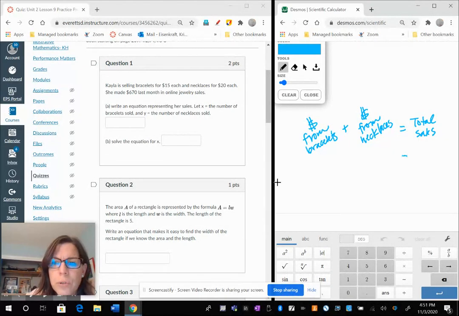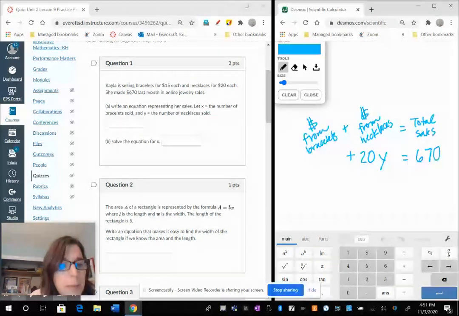So we know her total sales were 670, right? We know that. We know money from necklaces. We know each necklace is 20, but we don't know how many necklaces. So it does say to use y for number of necklaces. It's not asking us to solve this, okay?